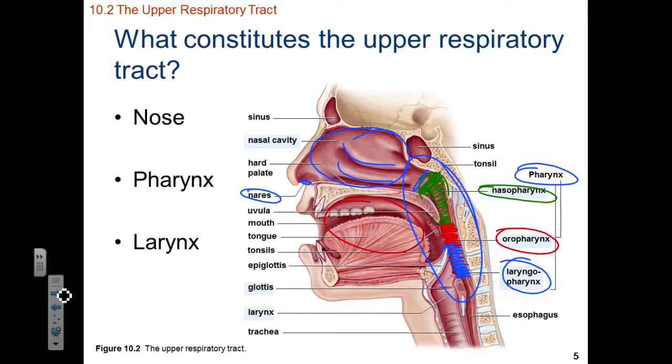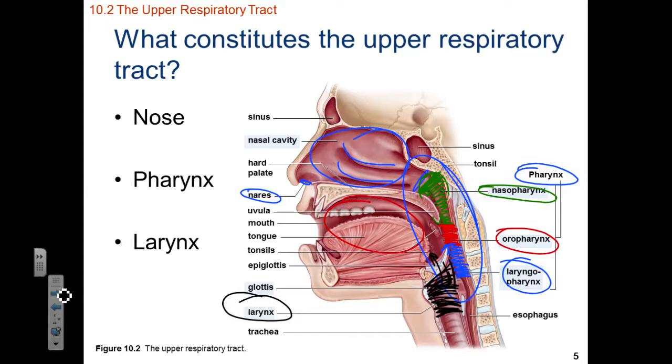Afterwards, we're going to have the larynx. And that larynx is going to start right here. So we can think of our larynx, and this is kind of a variable region because as the epiglottis goes down and back up again, the size of the larynx can change, but our larynx typically is going to be considered this region right here.